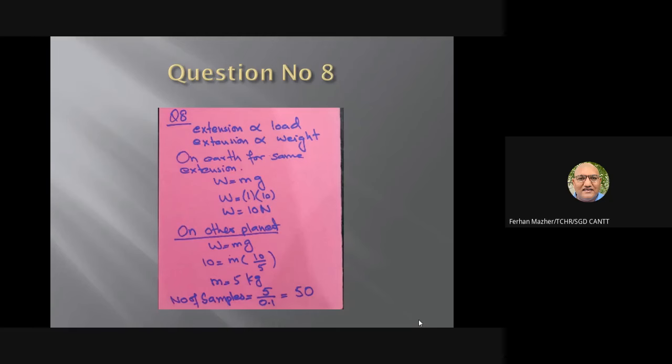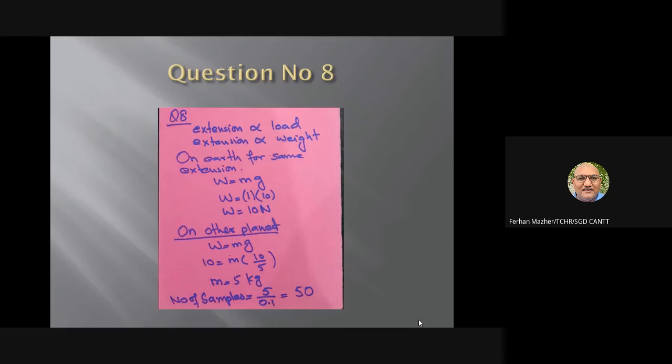The g value on the other planet will be 10 by 5. So if you find the value of m, it will be 5 kg. It means on that planet you will have to hang 5 kg mass, and then the extension will be created which was created for 1 kg on the Earth.